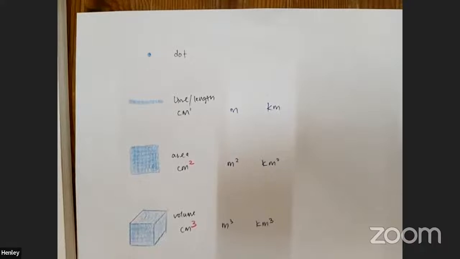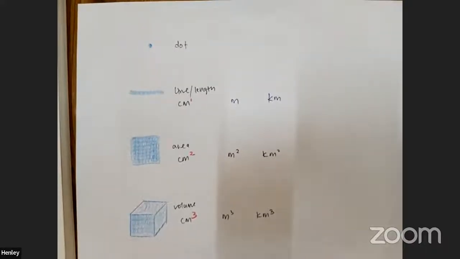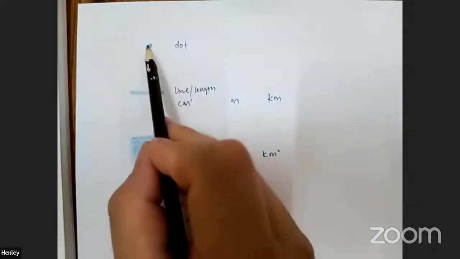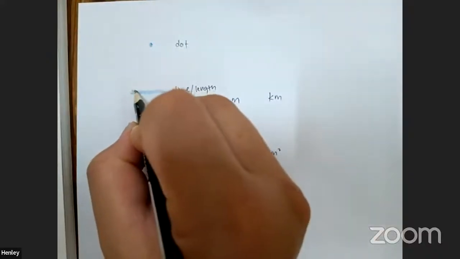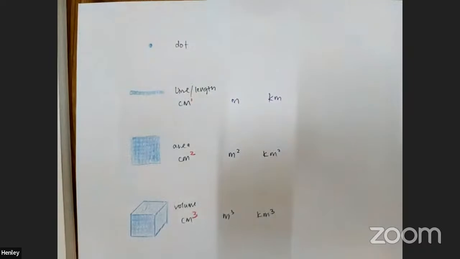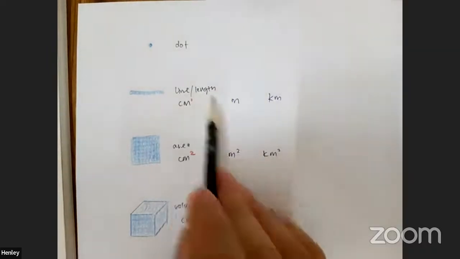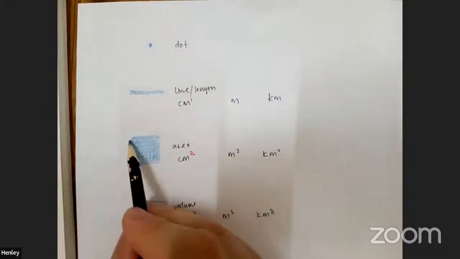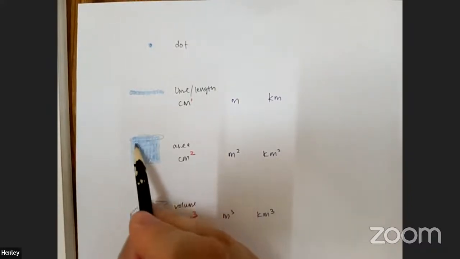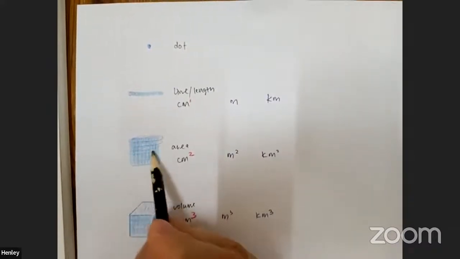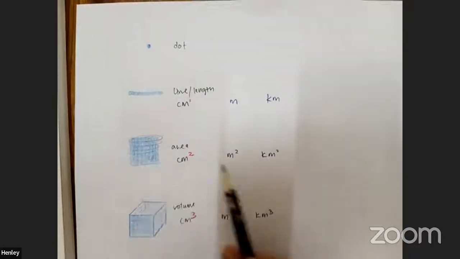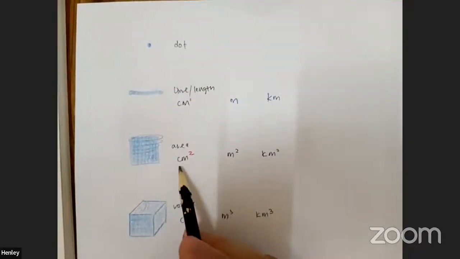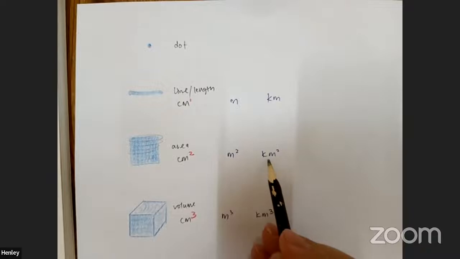If you want to try to draw the things, actually everything is from one dot. If you line the dots together, it makes a line, which we call length, for example in meter, in cm, or in km. If you line the lines together, it makes an area, which is cm square, meter square, and km square.